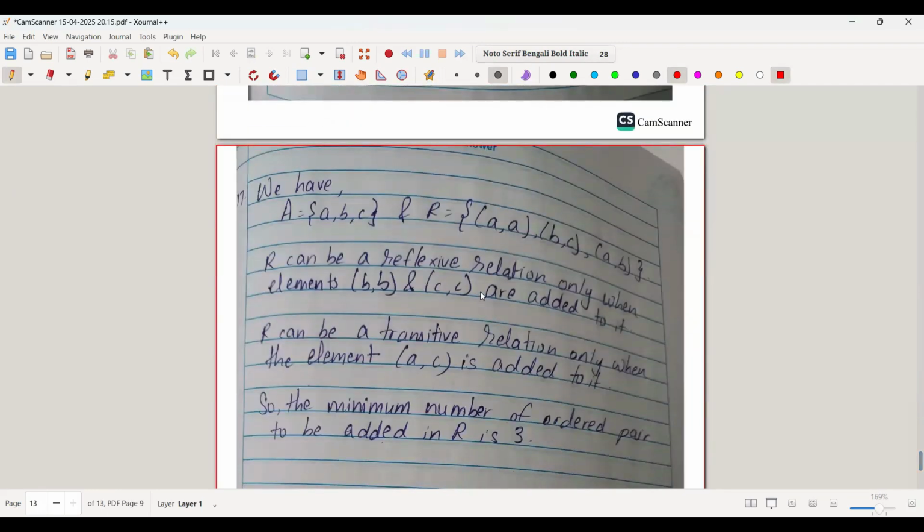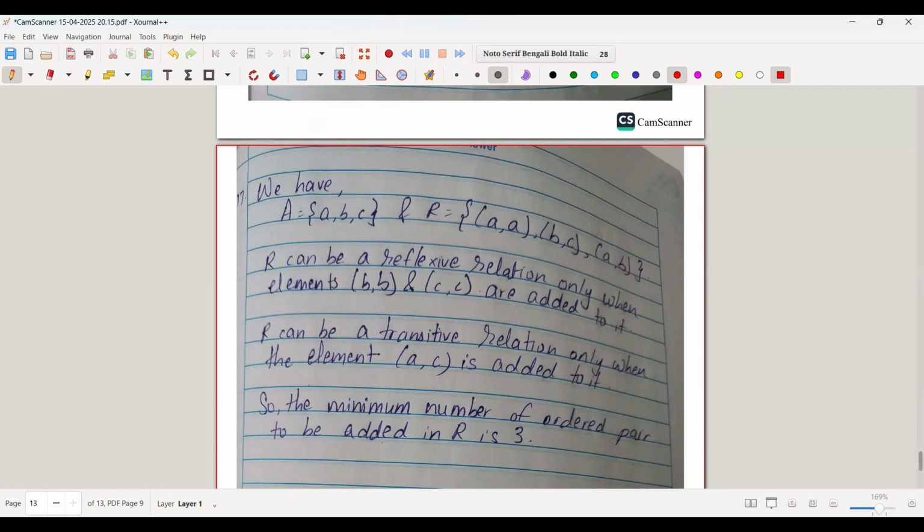{a, b, c} is the set. A is the set {a, b, c}. R is {(a, a), ...}. R can be reflexive relation only when elements are added to it. And R can be transitive only when element (a, c) is added to it.